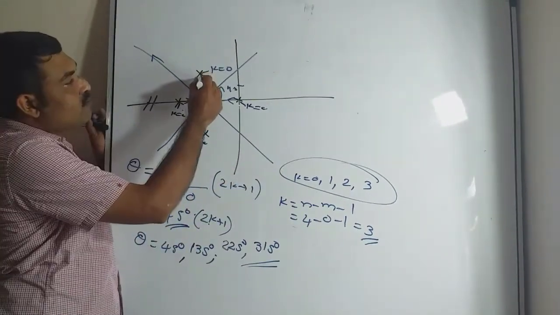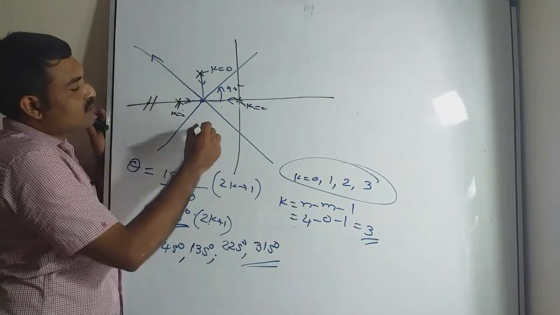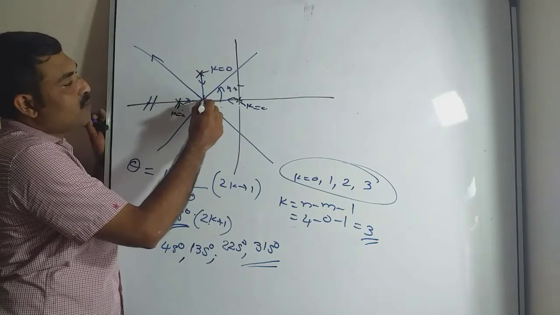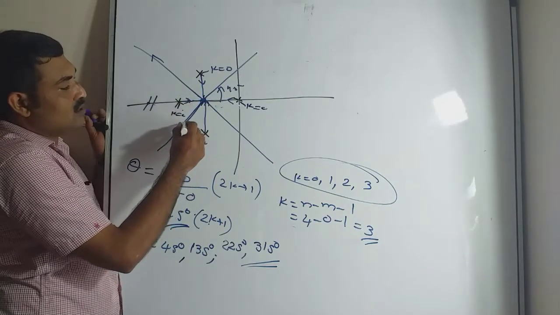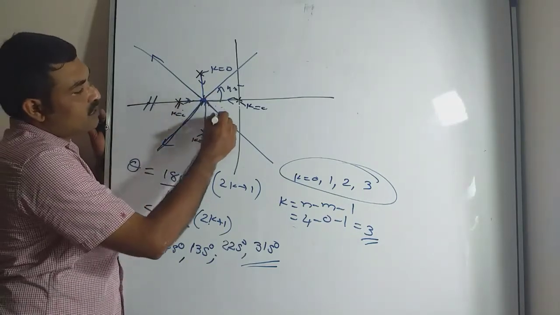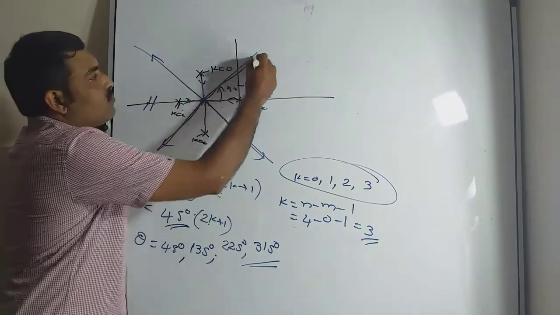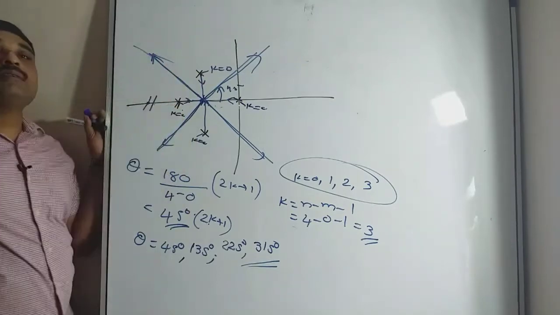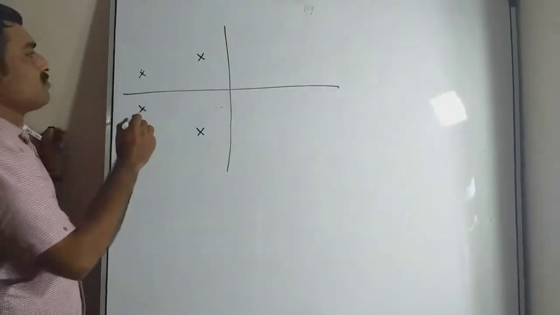One branch will move like this, this branch will move like this. Here this is a breakaway point. One branch will move along this line, the second will move along this line. So this is the shape of the root locus.